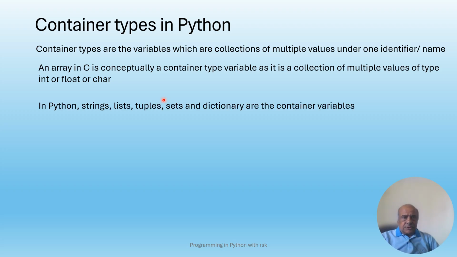Strings, lists, tuples, sets, and dictionaries are the container variables in Python. There are subtle differences in how these differ from each other, and there are many commonalities as regards the data is concerned. We will see these containers one by one. In this video, I will be just making an introduction to strings.